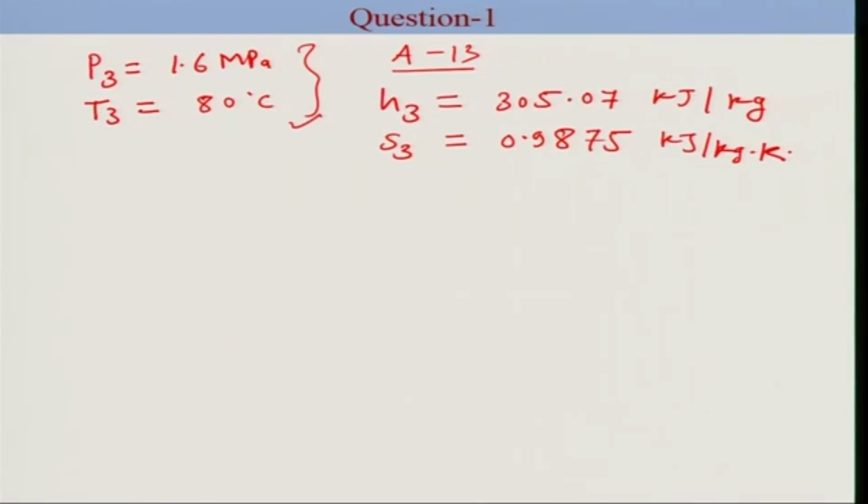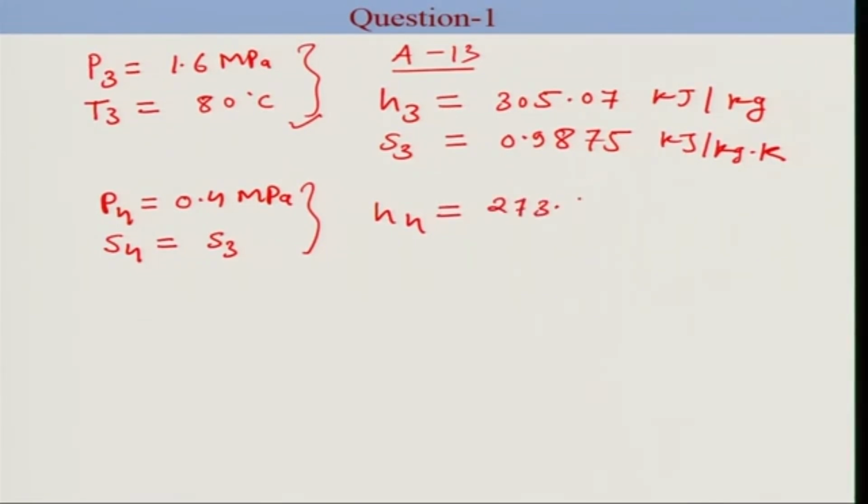Since condenser is operating at 0.4 megapascal, so P4 is 0.4, S4 equal to S3 because it is an isentropic process. So, corresponds to this, we get H4 equal to 273.21 kilojoule per kg.